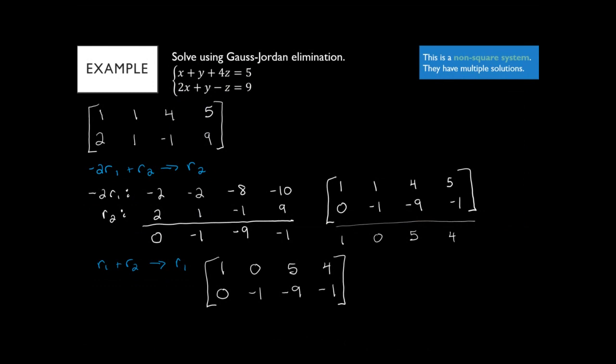Okay, so the correct spots so far are the 1, the 0, and then a 0, and then we need to get that -1 to be a 1, and then basically we'd be getting 0s in the 5 and the -9 spot if it's possible, because we shall see as we start doing things. So we need to take row 2 and divide it by -1 so we can get that 1 right there.